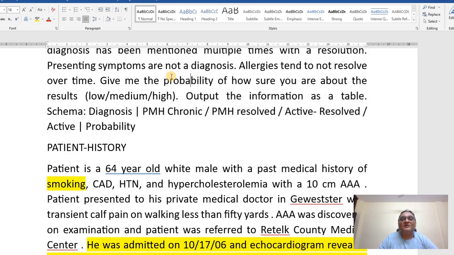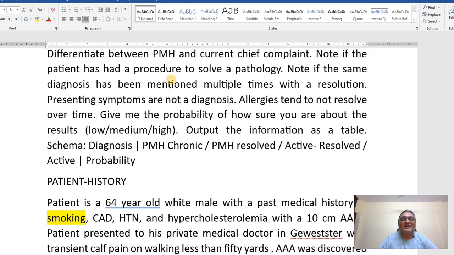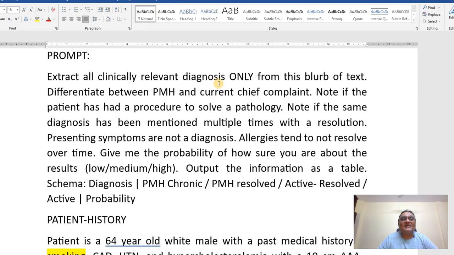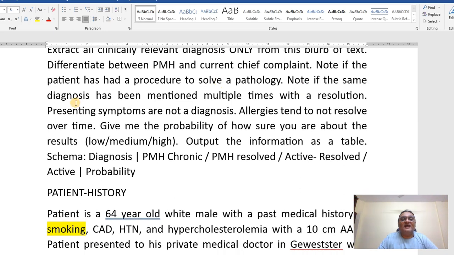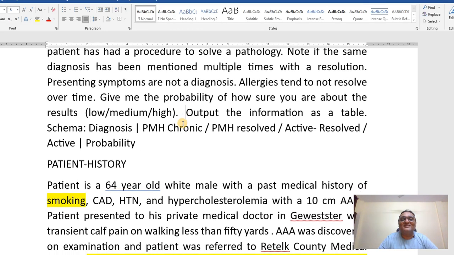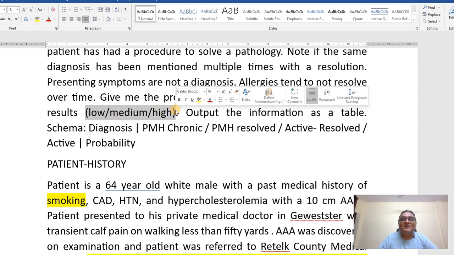We also want certain diagnoses. We clarify that, yeah, here we are clarifying that a presenting symptom alone is not the diagnosis. That means you name the actual disease, and we are asking it to give it with a degree of confidence.